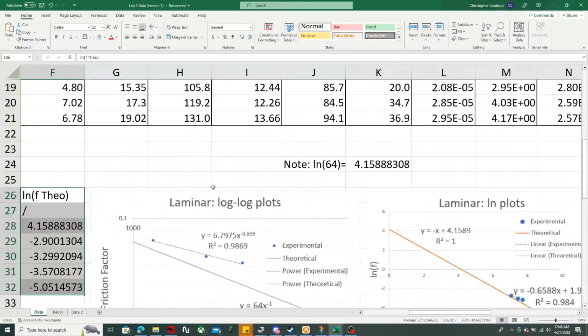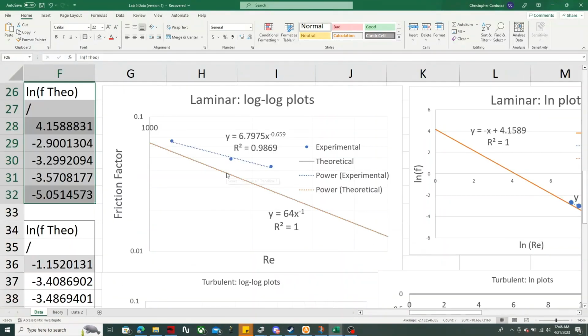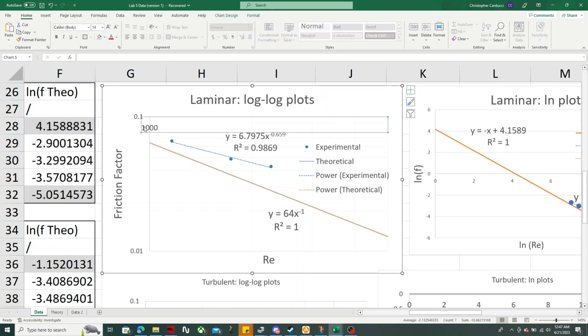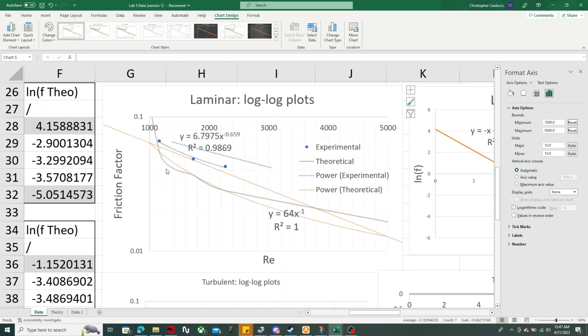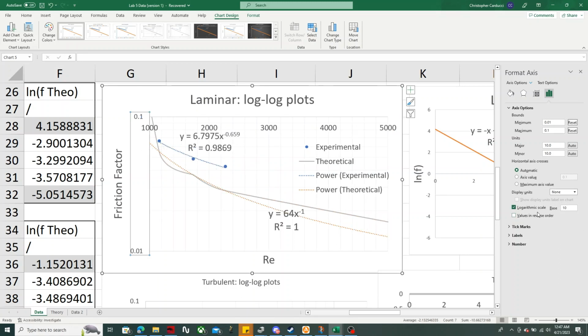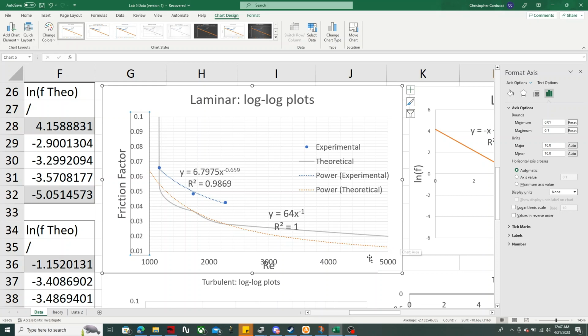So, what are the two ways of plotting this? Here is the log-log plot. If you don't use the log-log plot, I'll show you what that looks like. You'll get something that is basically useless, right? You can't really see much detail. So what you do is double click the x-axis numbers and click right here, logarithmic scale.